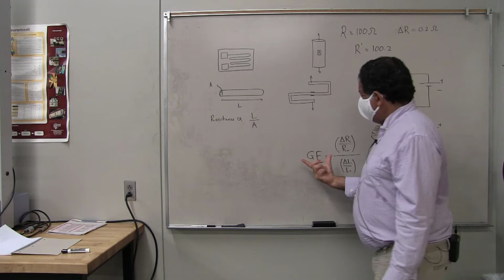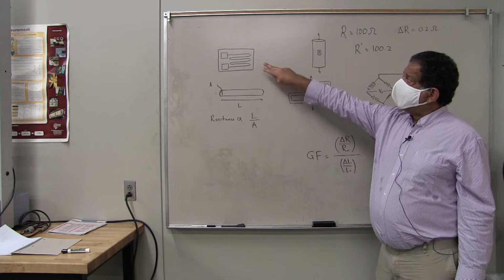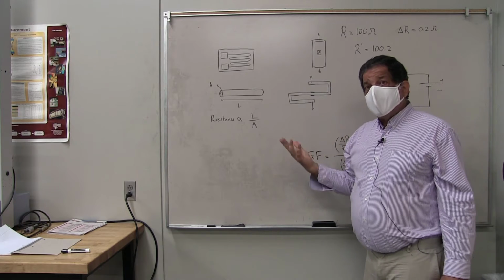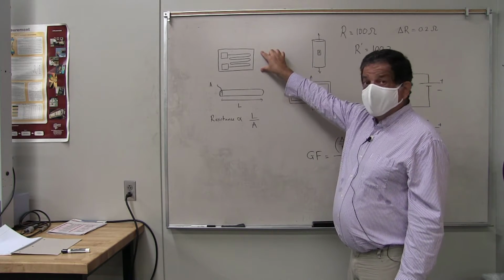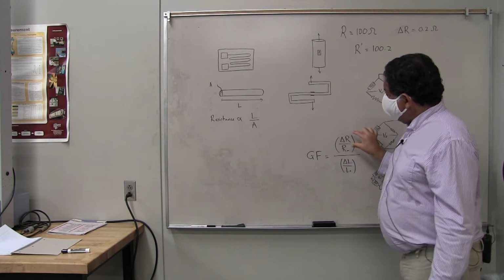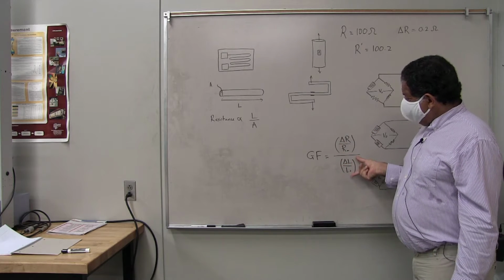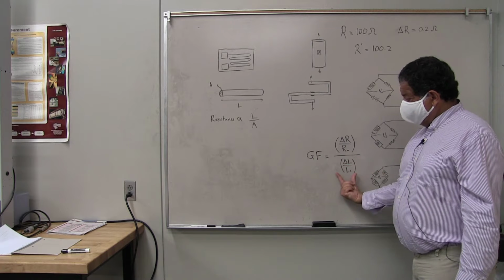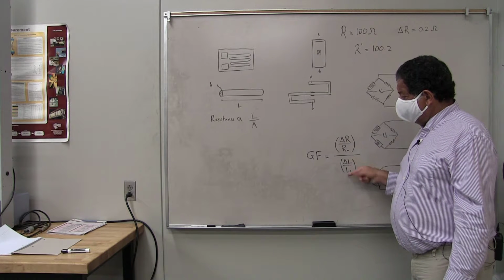And there is a quantity called a gauge factor that is associated with each one of these pads, which is related to the design of the specific strain gauge, which tells you for a given change in the length per original length, this is the engineering strain, change in length per original length.